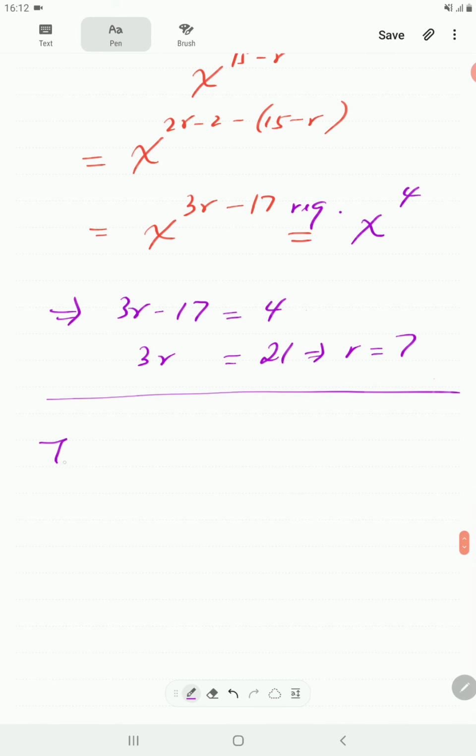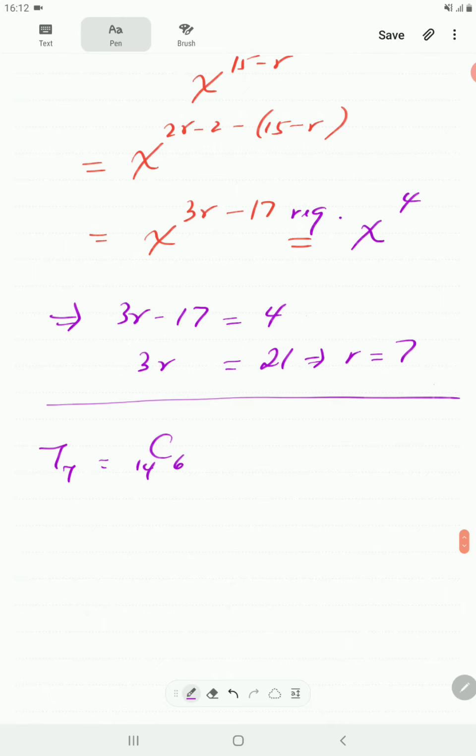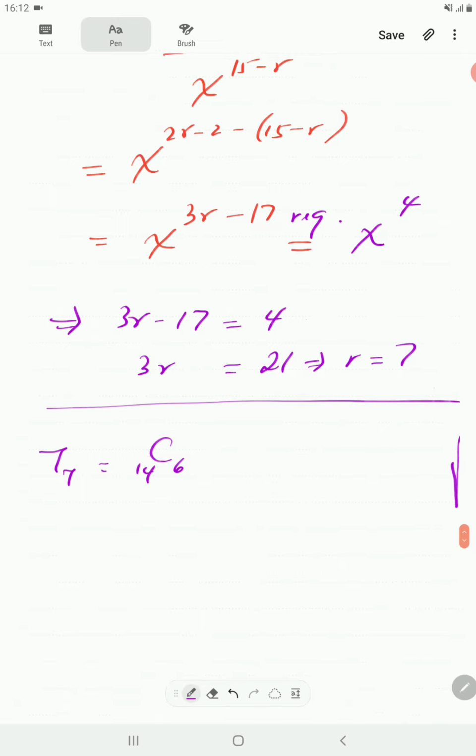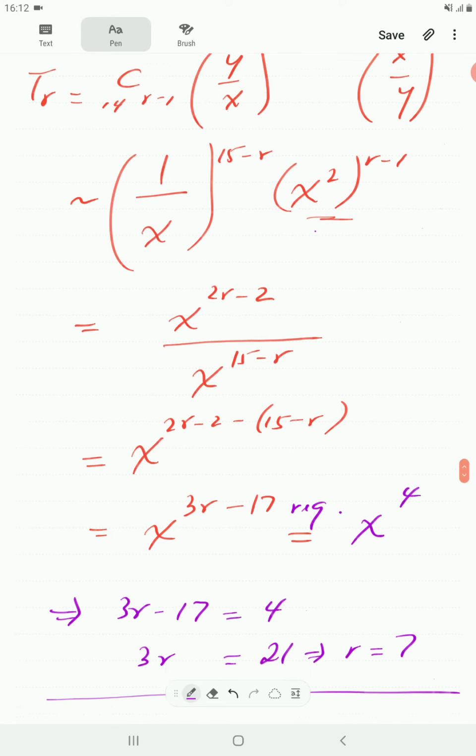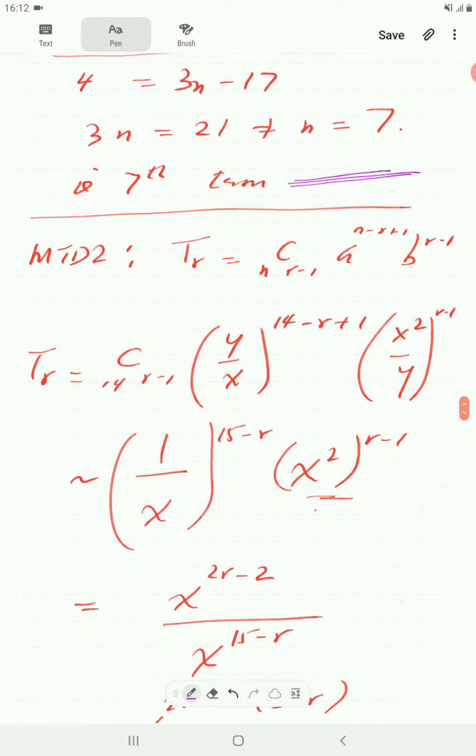Okay, so finally let's do term number 7. So this is going to be combinations of 14, taking 6 at a time. Just going to plug it in here.